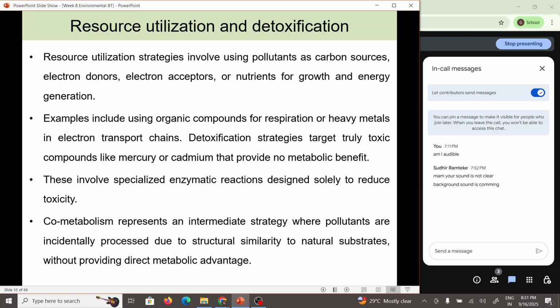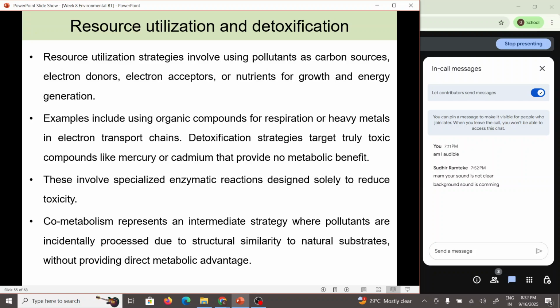The microbe requires carbon and energy sources. So the contaminant that we are trying to remediate can act as the carbon source. They can act as an electron donor or electron acceptor, or at least as a nutrient that supports the growth of the microorganism. One example is using organic compounds for respiration or heavy metals in electron transport chains.